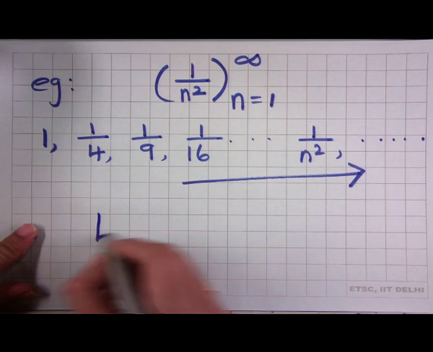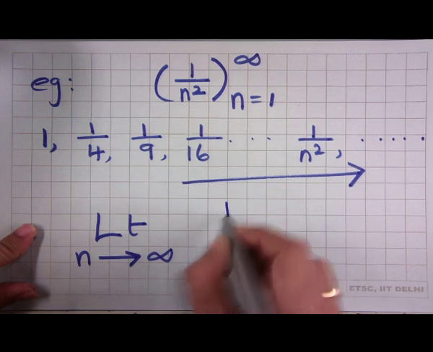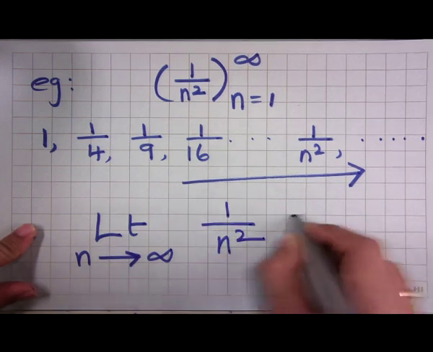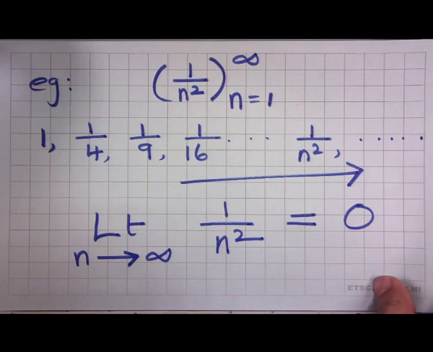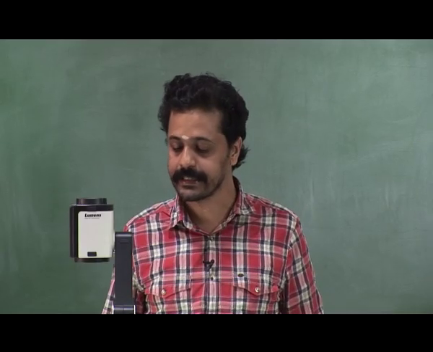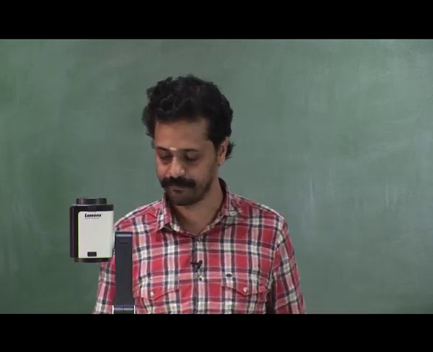Hence, we write limit n tending to infinity 1 by n square is equal to 0. We call the sequence 1 by n square convergent, and 0 is called the limit of the sequence 1 by n square.